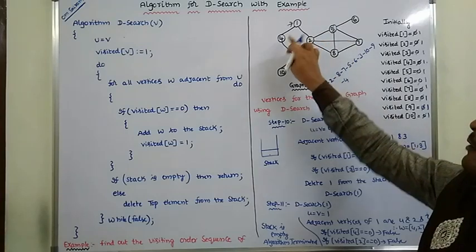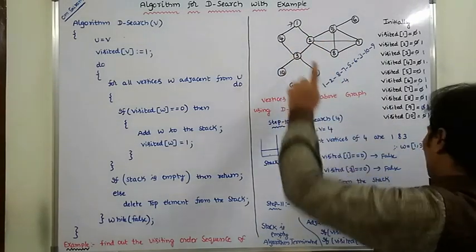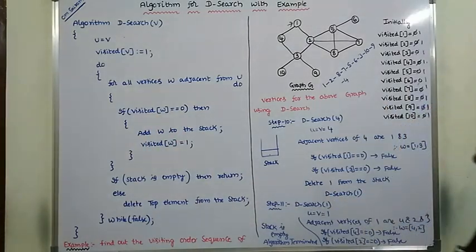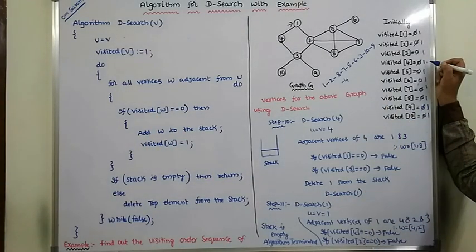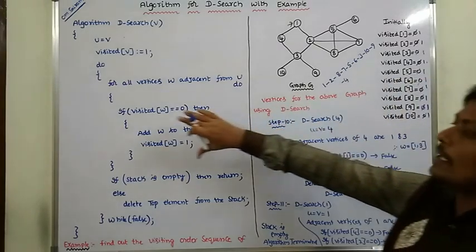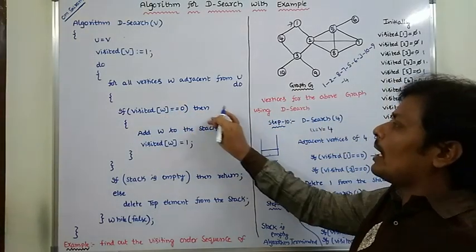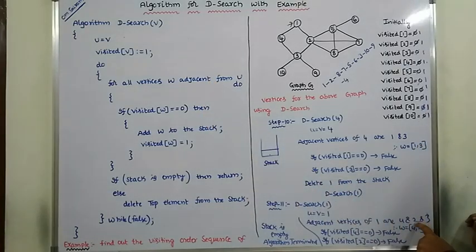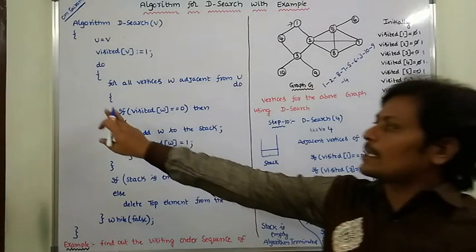First W is equal to 4. If visited of 4 is equal to 0, false. It is already visited. The control does not enter the if block. Again control goes to the for loop. Now W is equal to 2. Brace begin.